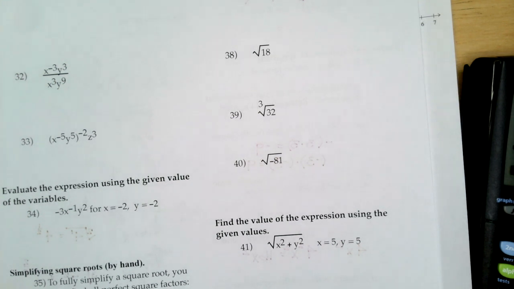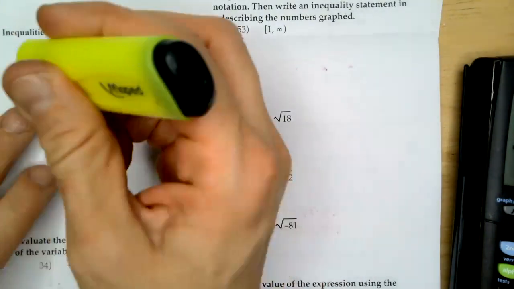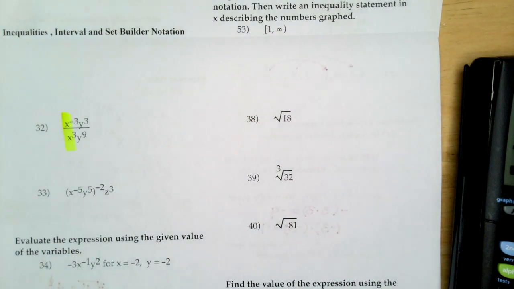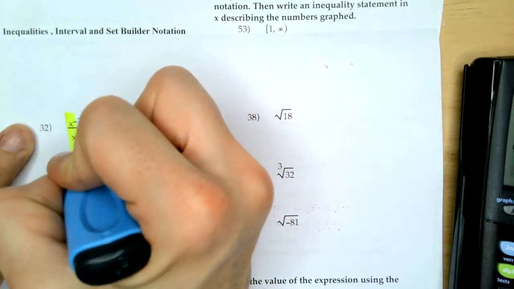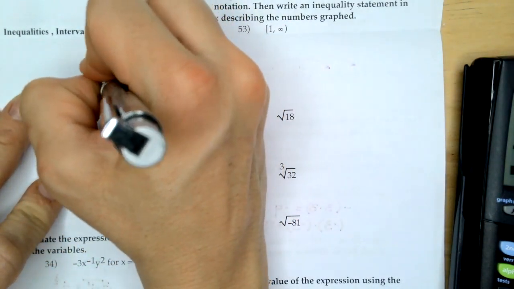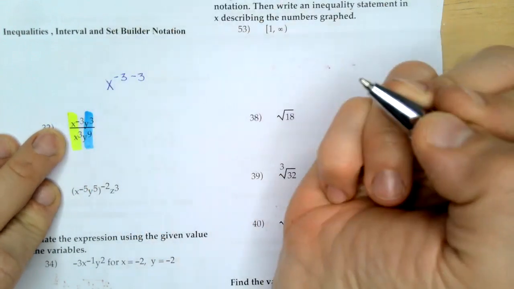Here we are going to, just like we were doing with the scientific notation, separate them. So we have x to the negative 3 minus 3, right?